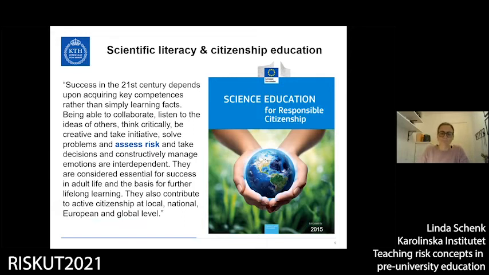So outlining that, the skills we need is not only the facts that the science education gives us, but we also have to have additional competencies to solve these challenges we stand in front of.